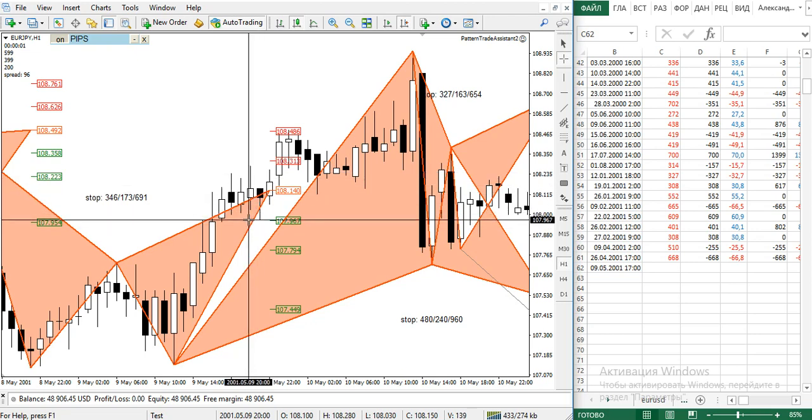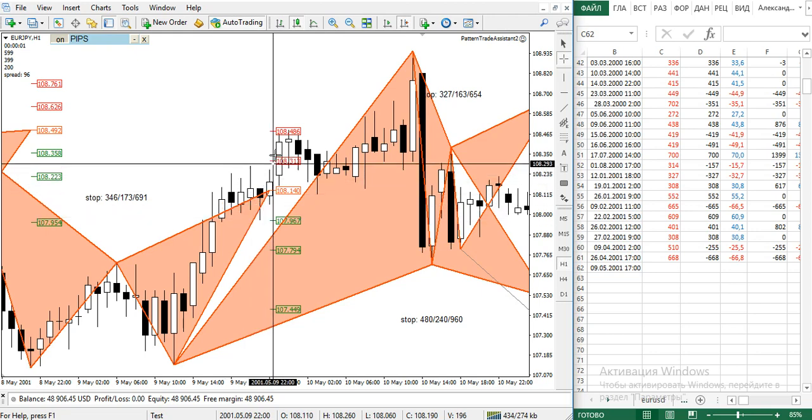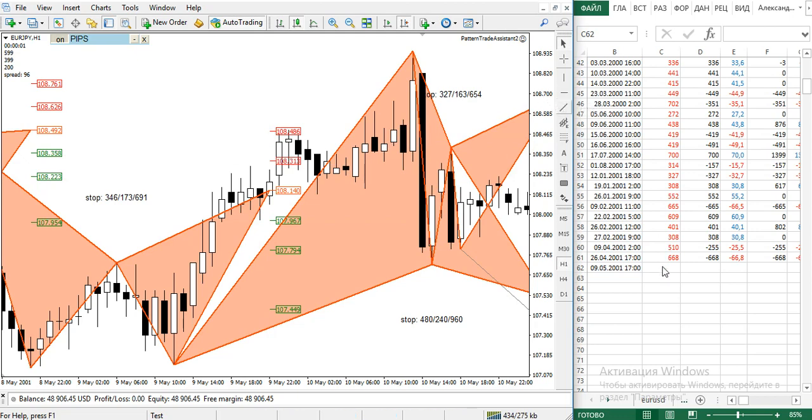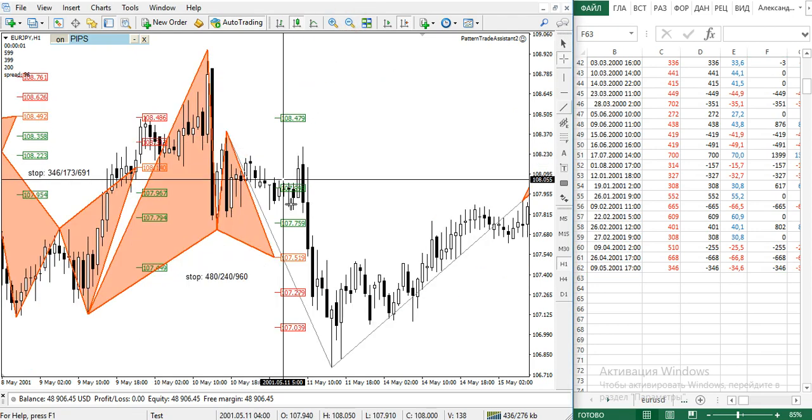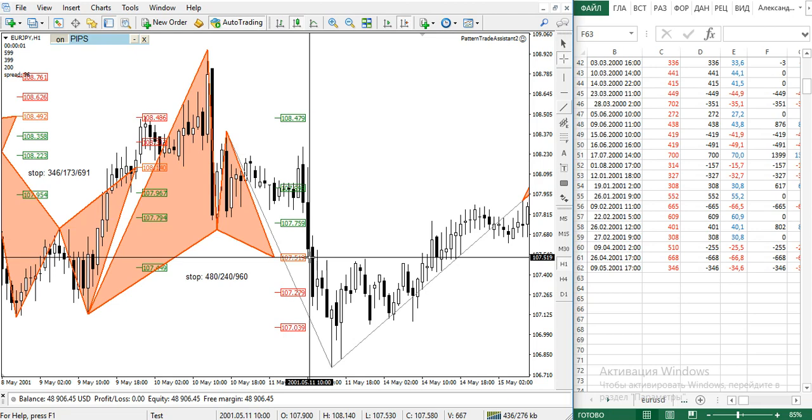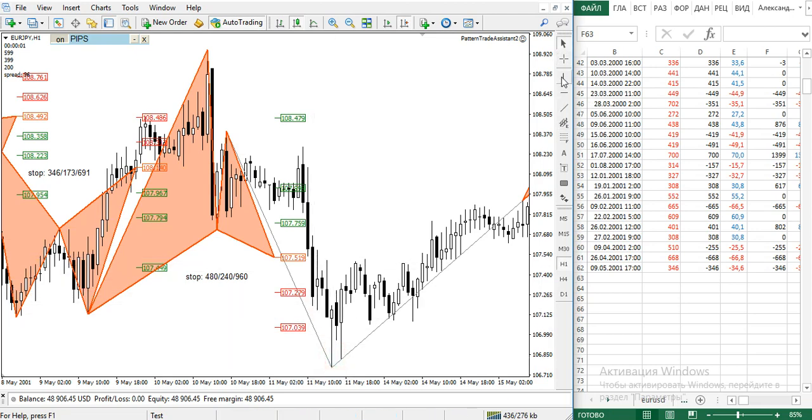And you see, we just missed the half level. And then we go higher and hit stop loss. It is full stop loss. Okay. Another trading situation is this one, and it is obviously a full stop loss.